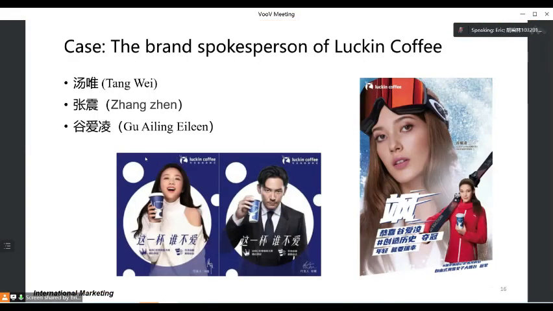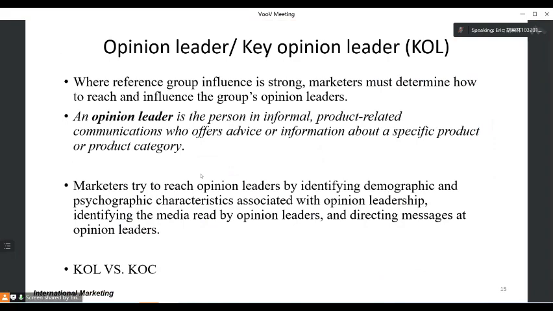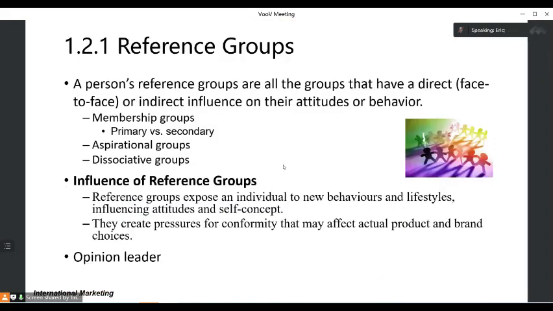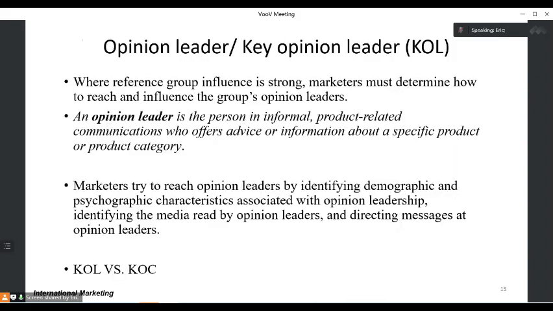About the opinion leader, it comes from the term reference group. We know that the reference group is an important factor that affects our purchasing and consumer behavior. If we buy something, we are usually affected by these members.